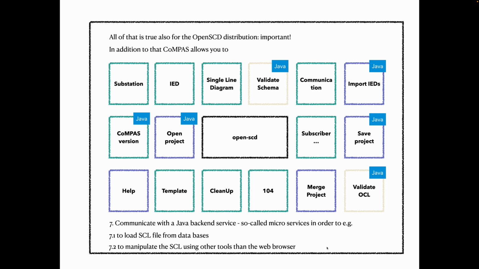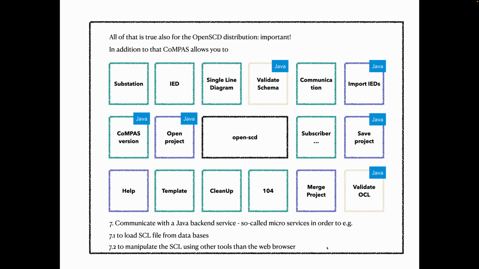And it also allows you to access a database, for example, which you cannot do in OpenSCD. Here you load files from your drive and you save files to your drive. CoMPAS allows you to add a database. We have support for BaseX and a Postgres database to allow you to store and version SCL files in the background.